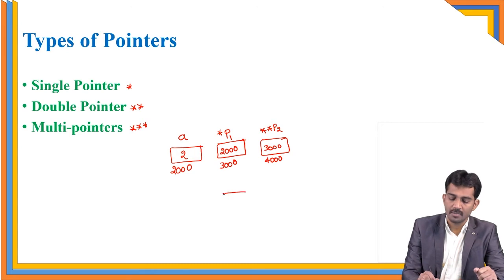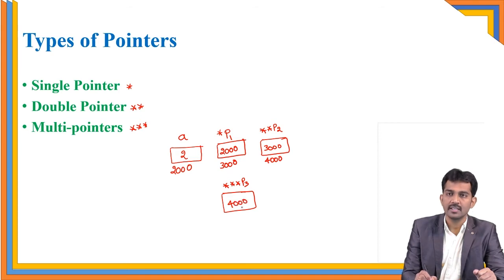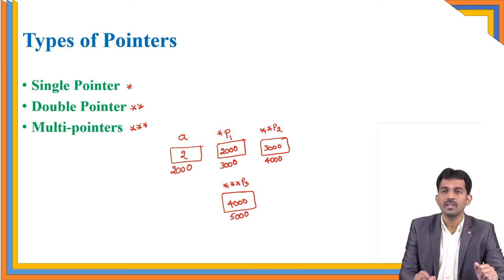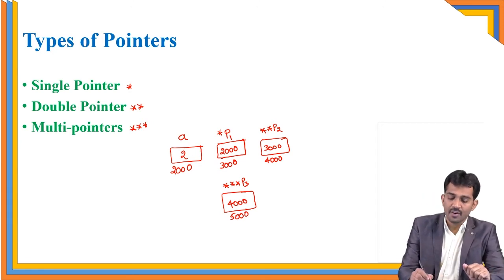See, this time I'm going to take the multi-pointer, more than 2 pointers, P3. Here I'm going to use the 4000 address. These are the example addresses. For instance, I took this address, and this address goes to 5000. All are examples.